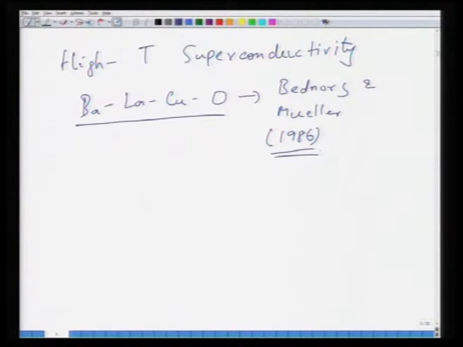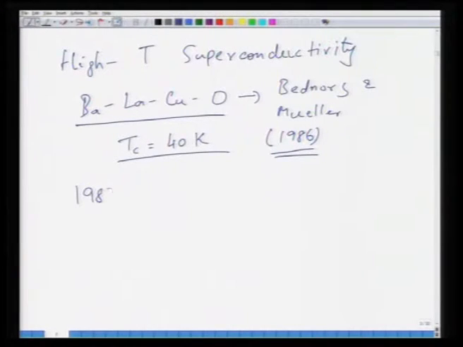This discovery showed a transition temperature of 40 Kelvin, which meant that below 40 Kelvin these materials were superconducting, that is, they had zero electrical resistance. It was a major boost to finding superconductivity in oxides.